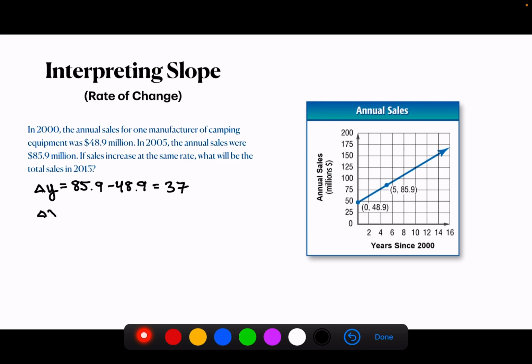The difference in our x's is just going to be the difference in years, 5 minus 0. And so our slope is going to be 37 over 5.